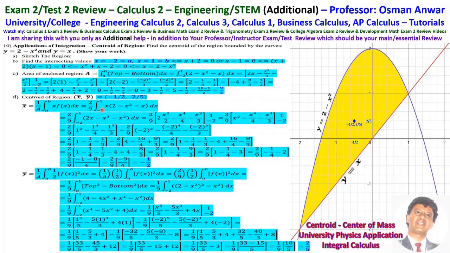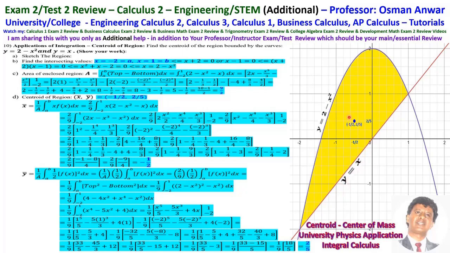Then number 10 is find the center of the region bounded by the curves y equals 2 minus x squared and y equals x, which are these two curves. So the top curve is minus x squared shifted up by 2 vertically, and the second curve is just the linear function y equals x.